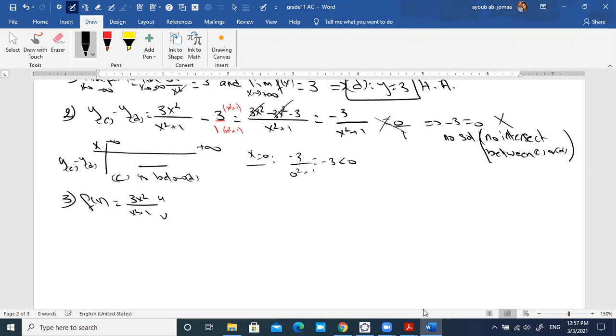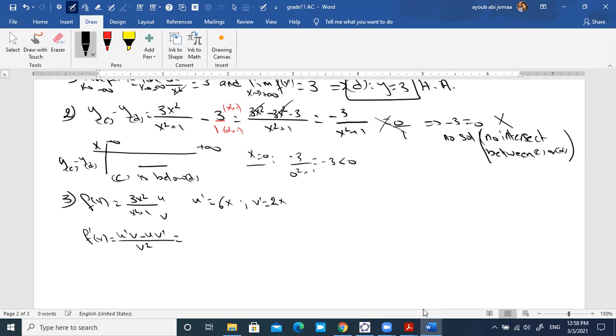What is u prime? 6x. And v prime? 2x. Then f prime of x is equal to u prime v minus u v prime over v squared.